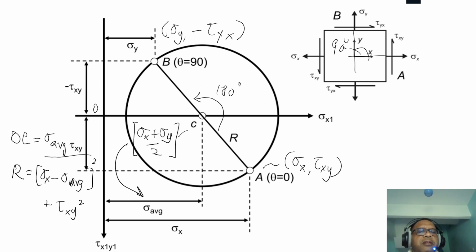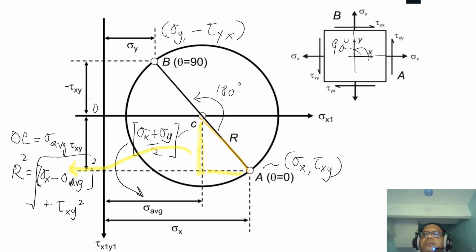You find the square root of all. This equals R squared. So I'm looking at the Pythagoras theorem here. R squared equals sigma x minus sigma average squared plus tau xy squared. So that's the circle equation for the Mohr circle.